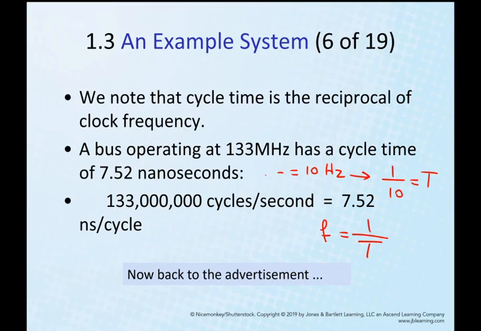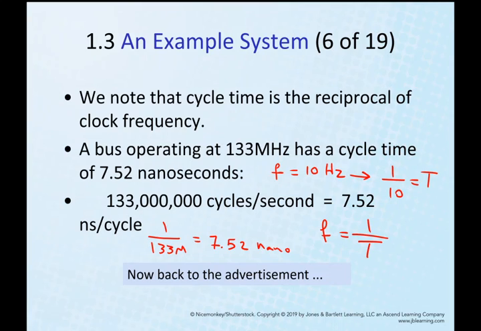Here we have the same information. It says that the bus operating at 133 megahertz has a cycle time of 7.52 nanoseconds. Why? Because 1 over 133 megahertz is equal to 7.52 nanoseconds. So it's the relationship between frequency and period or clock time.